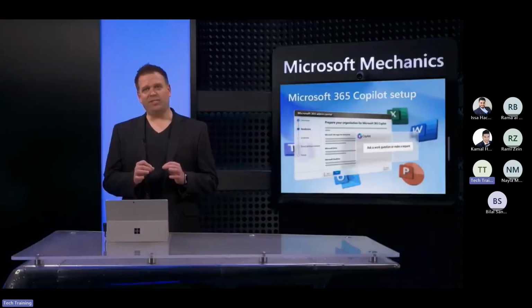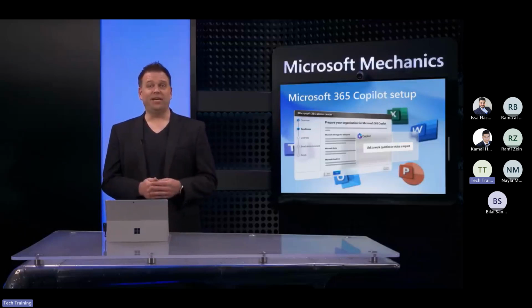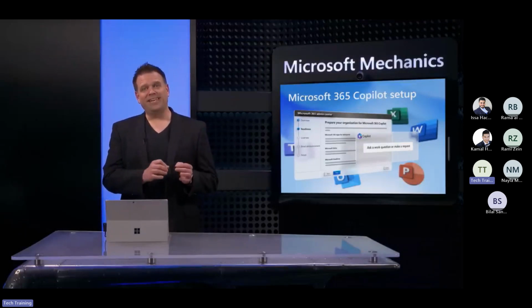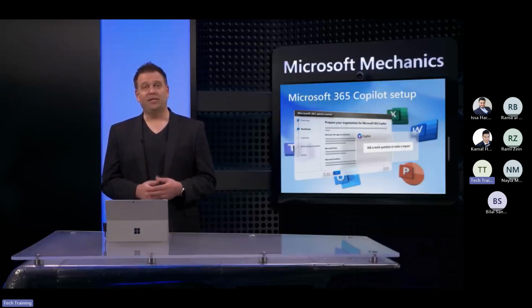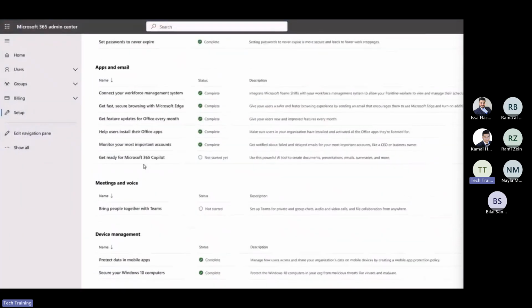And I put these two items together because you can use the new Microsoft 365 Copilot setup guide as a wizard-based experience in the Microsoft 365 Admin Center to help with both. Now, you'll find the wizard in the setup page under apps and email.